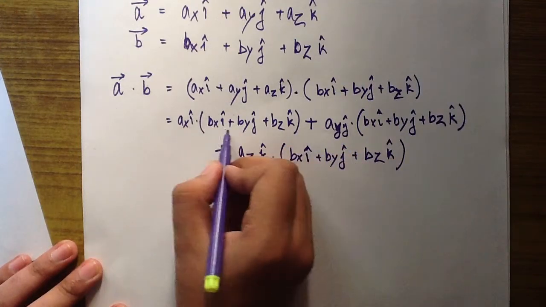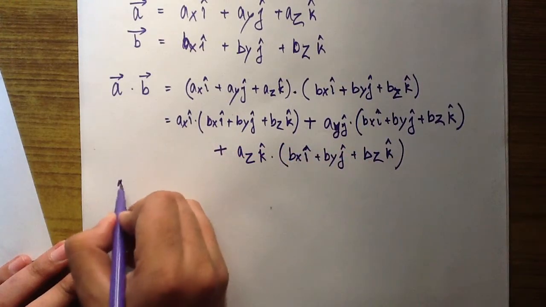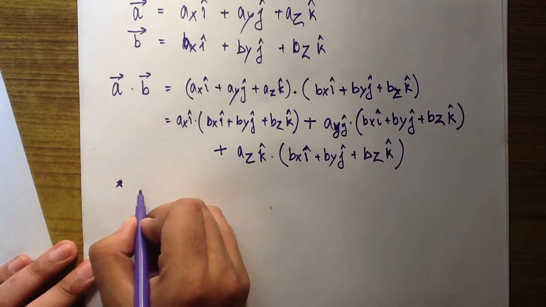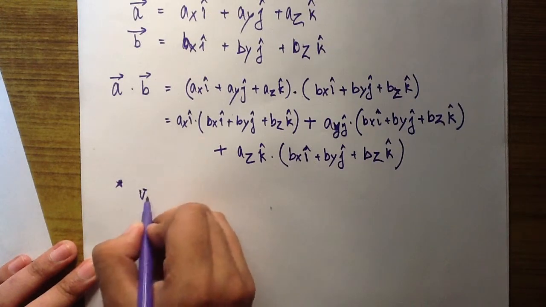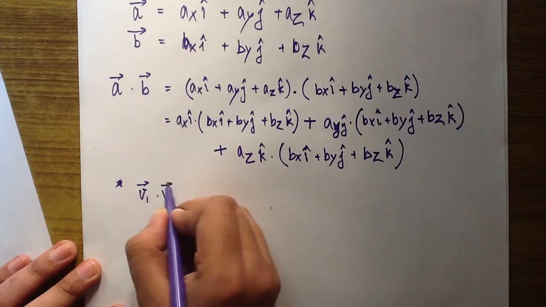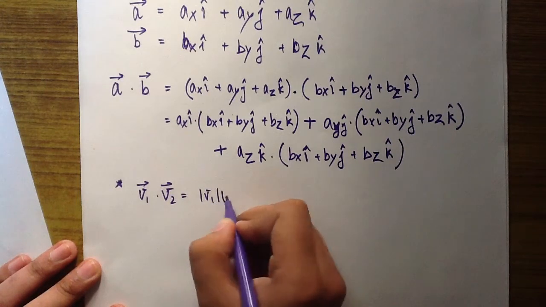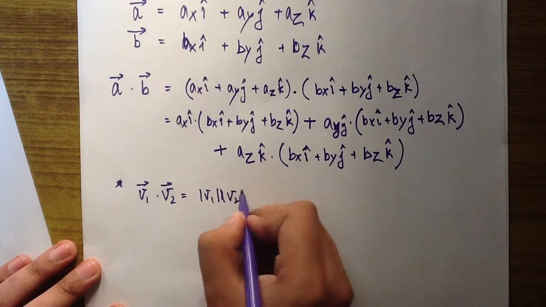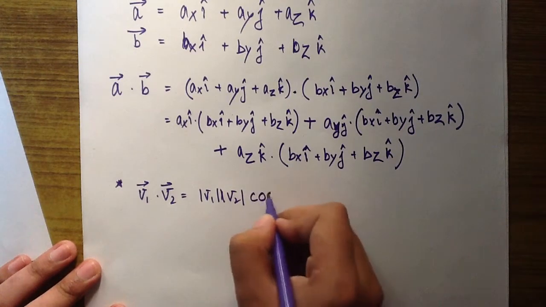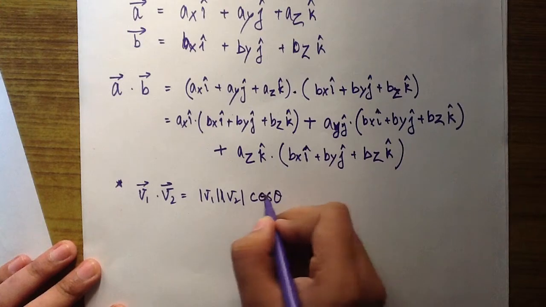Alright, now before we move on, I need to restate that vector 1 dot vector 2 is equal to the modulus of vector 1 multiplied by the modulus of vector 2 multiplied by the cosine of the angle that exists between them.